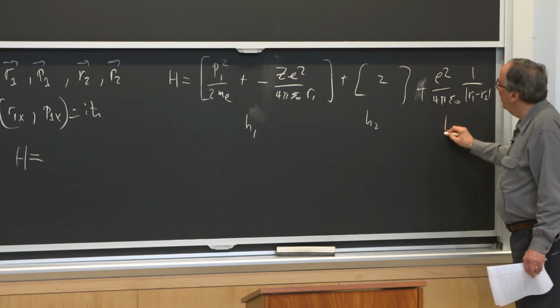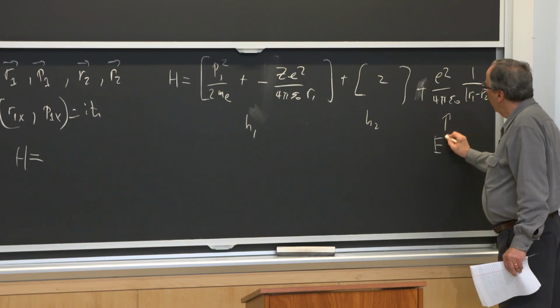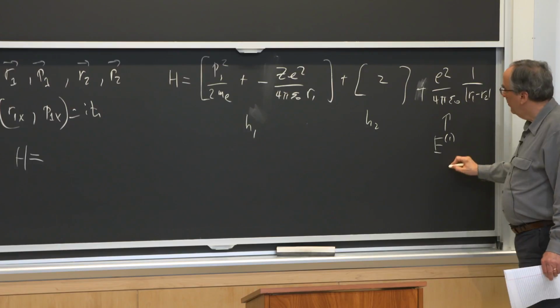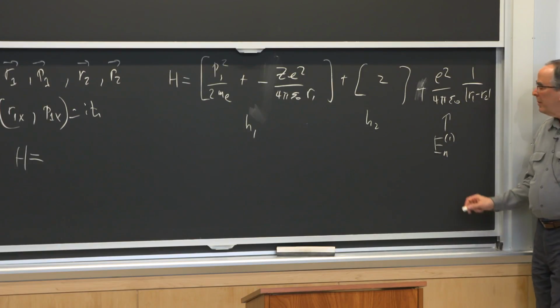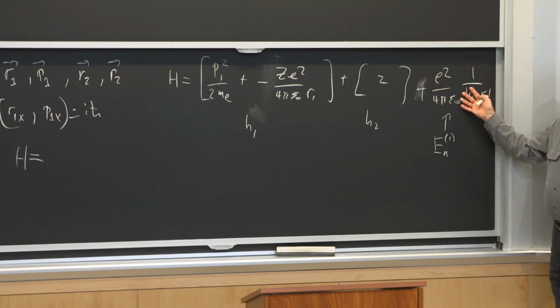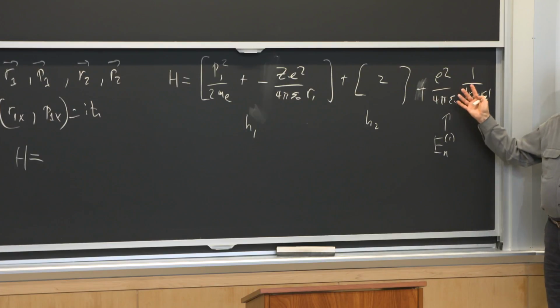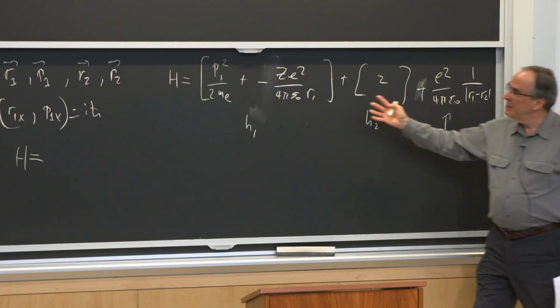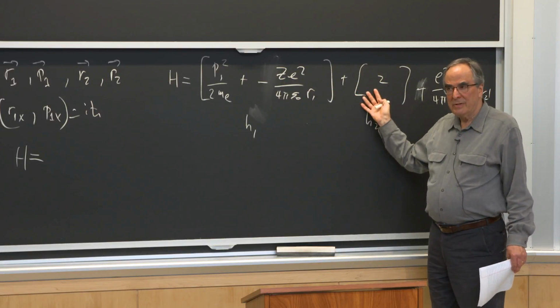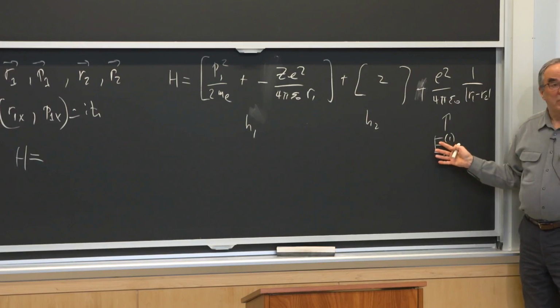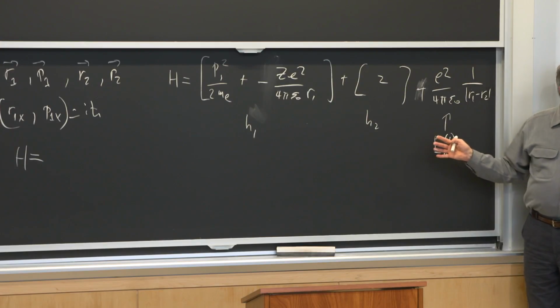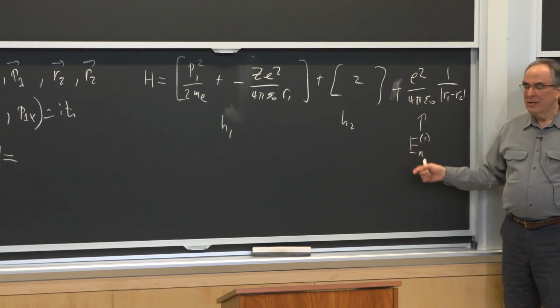So we can say, well, these give the first order energies for whatever state we want. But we can calculate matrix elements of this term in the basis set associated with hydrogen. And that's fine. That's perfectly good way to calculate the first order correction to the energy.